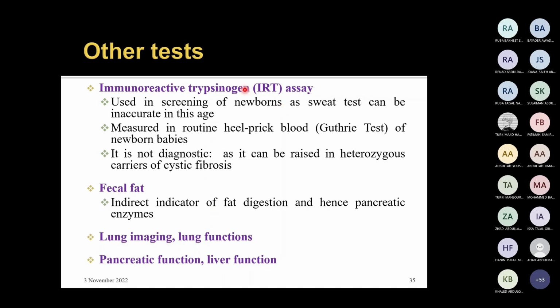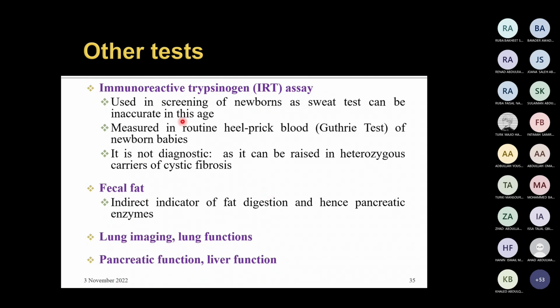This trypsinogen will accumulate and then be reabsorbed into the blood. So when we measure trypsinogen in the blood, this might give you a clue that there is some dysfunction in the pancreas. And I know that dysfunction of pancreatic secretions can come from cystic fibrosis. So it's a screening test. It is not a confirmatory test.